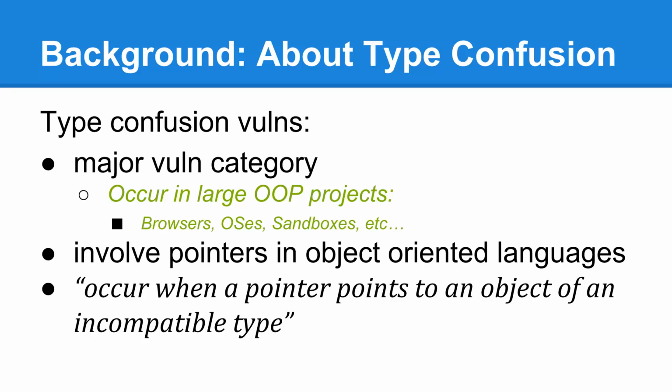So this encompasses browsers, operating systems, sandboxes, virtual machines, and etc. And specifically, type confusion vulnerabilities occur when a pointer points to an object of an incompatible type.